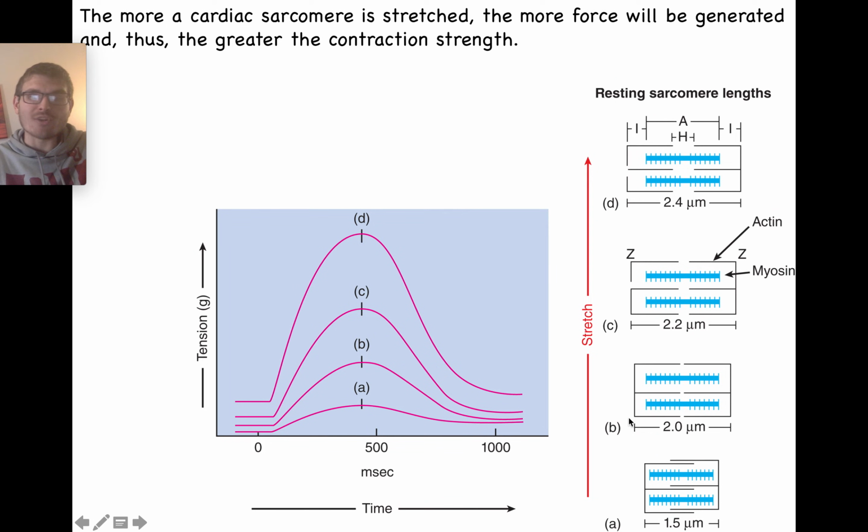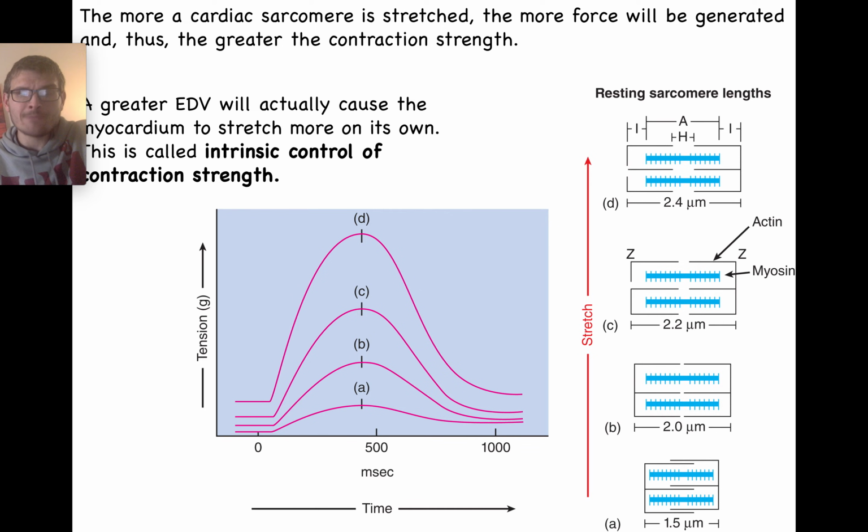But as you increase the end diastolic volume and you really start to stretch that sarcomere out, you greatly increase the potential for how much tension those cardiac muscle fibers can generate. And as they generate more force, they're going to produce a much greater stroke volume, even greater than what we described with just that mathematical relationship.